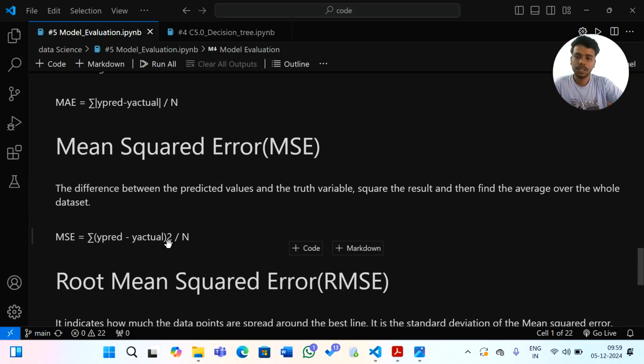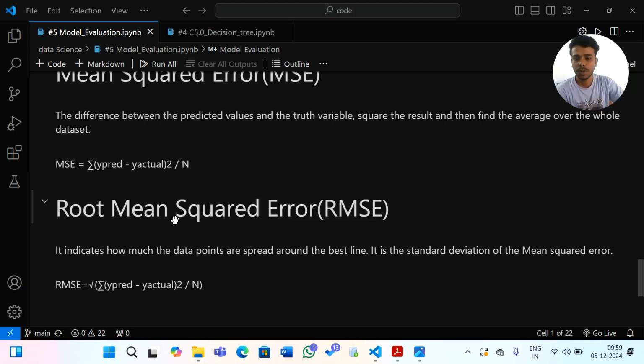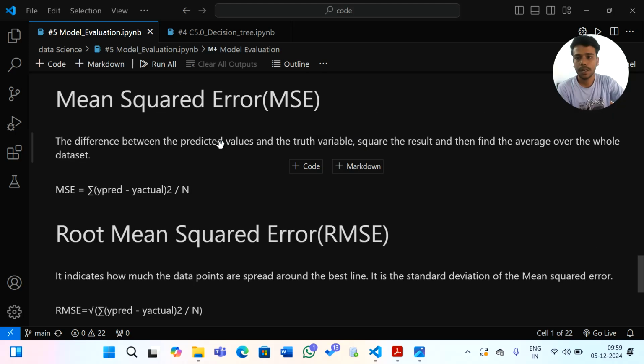In this the error is squared and then divided by the total number of samples taken. And again comes the root mean squared error, which is the root of the mean squared error. In mean squared error we will always get positive outputs, and we will compare it across different models.